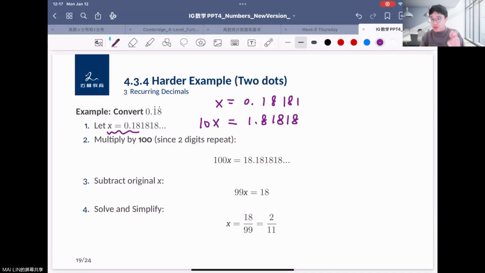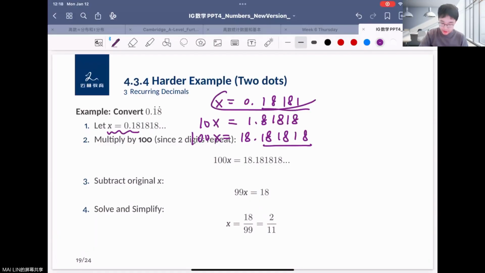Because we know that there are 2 numbers repeating each time, you can try multiplying by 100. So 100x becomes 18.1818 and so on. You'll find that the decimal places are the same, 18, 18, and 18. So you can make a subtraction: 100x minus x.